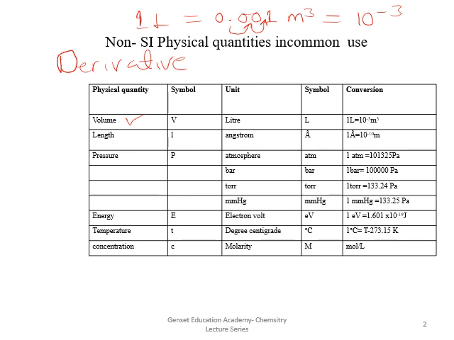Then for length in microscopic systems, we use what we call an angstrom. For example, if you want to measure the diameter of an atom, which is very tiny, you cannot use meters because a meter is a very big unit. So we use what we call an angstrom.